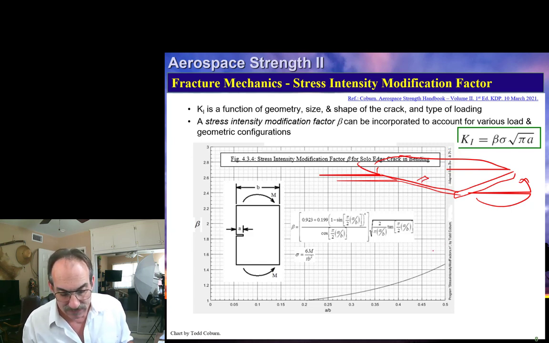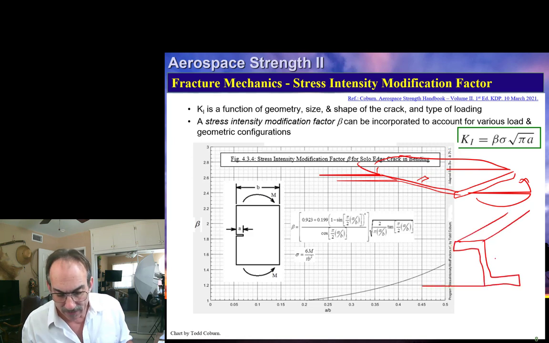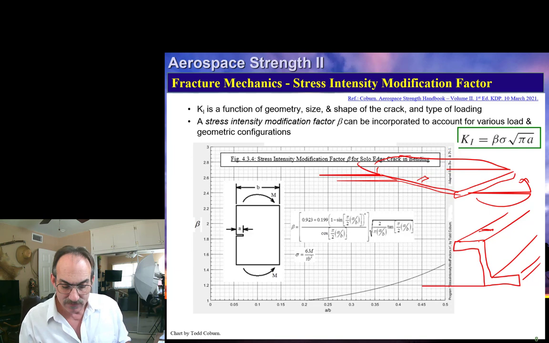Or how about a Z stringer? And let's say that this Z stringer has a crack right here, and we see that we're getting bending maybe about this axis, a bending moment like this. That's going to introduce that kind of bending. It's pulling tension on this side and compression on this side.